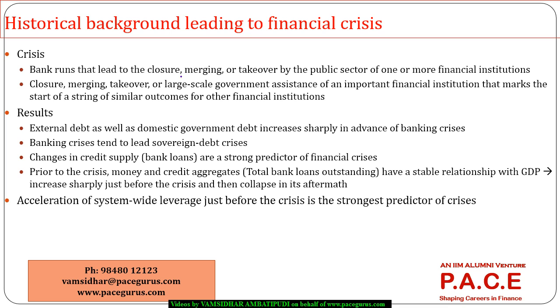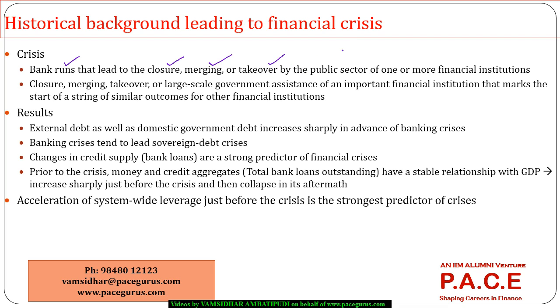Looking at the crisis, we have already talked about the huge number of bank runs during the period, people withdrawing money from the banks, investors pulling out their funds from the various funds they had invested in. Because of that, there were closures of so many banks and financial institutions, or in some cases mergers or takeovers.